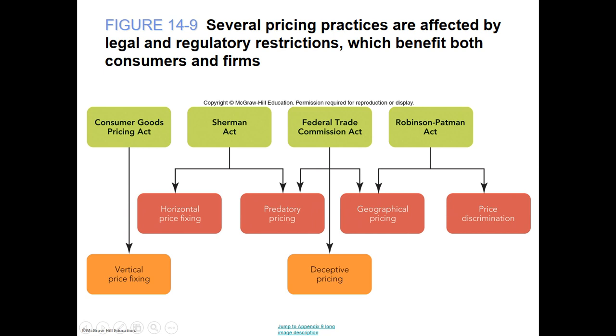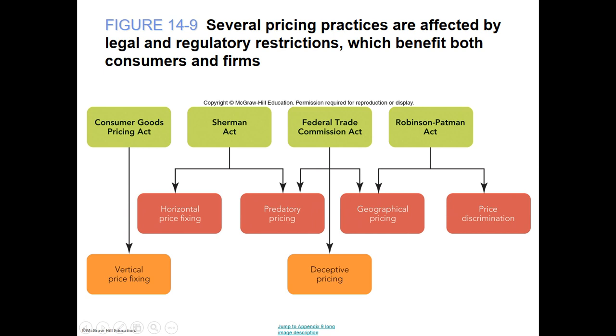And there are several laws and regulations that affect pricing. Pricing practices are affected by legal and regulatory restrictions, which benefit both consumers and firms. There's the Consumer Goods Pricing Act that forbids vertical price fixing.